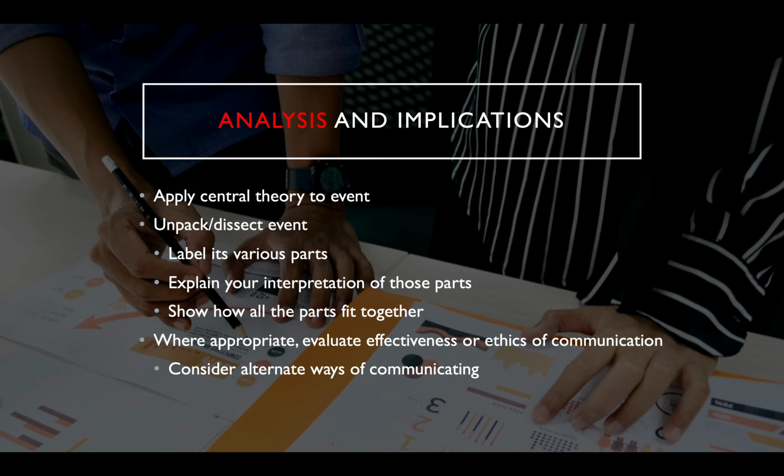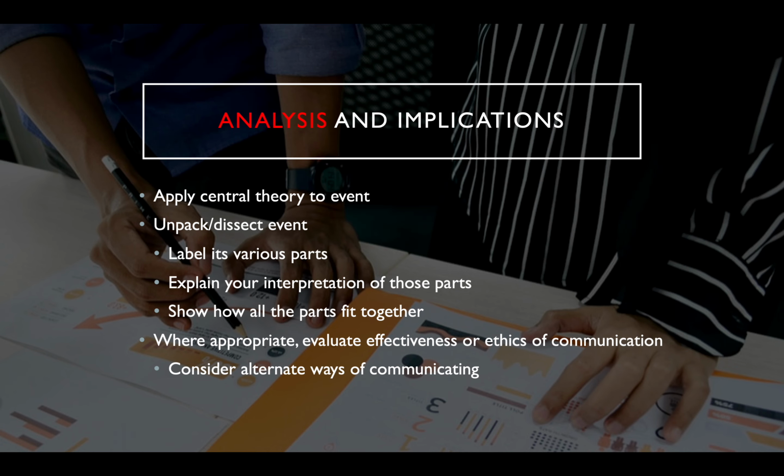Now, some theories and concepts might also allow for evaluation in addition to interpretation. So where appropriate, you can evaluate the effectiveness or the ethics of the communication. You might consider alternate ways of communicating.